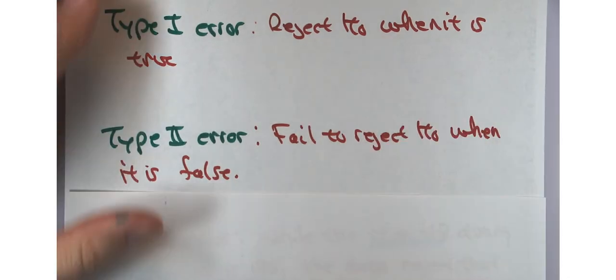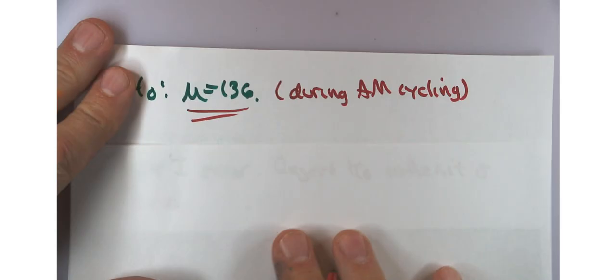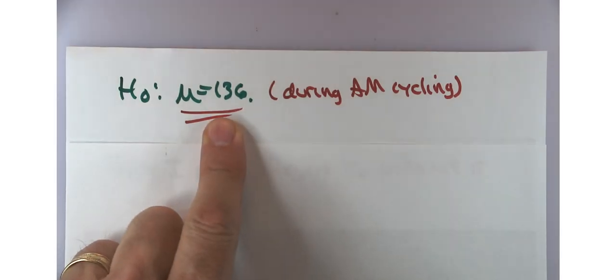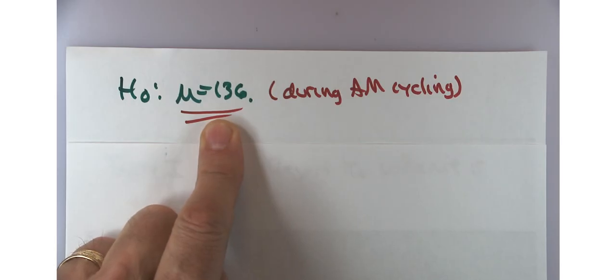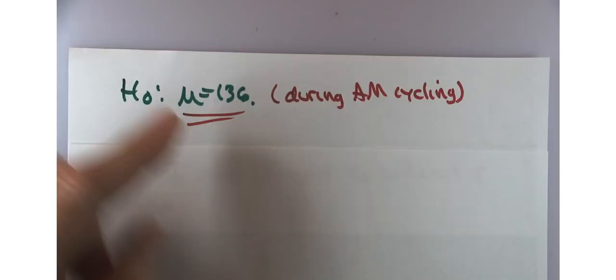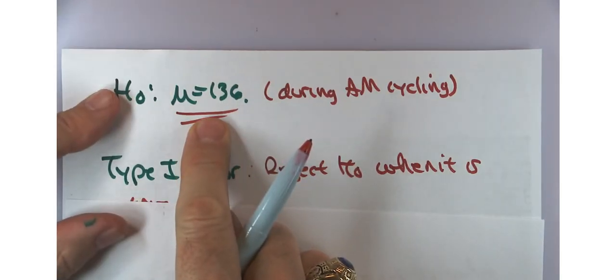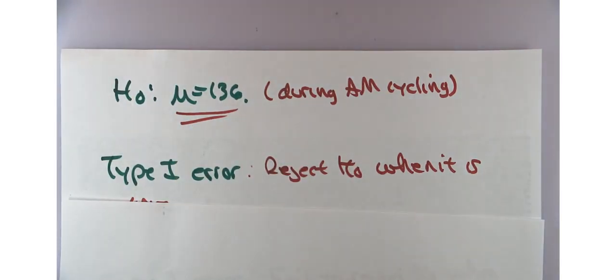So let's go back to our cycling example. Suppose that your null hypothesis is that your heart rate is 136 beats per minute during morning cycling. What's going to happen when you make a type 1 error? Well, this is true, but you reject it. I need to see both pieces of information. I need to know if H naught is true or false, and I need to know what your decision is in comparison to that.